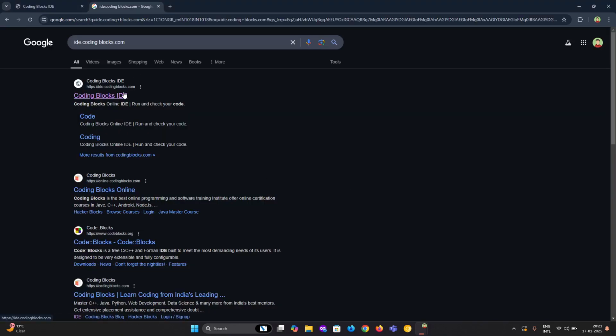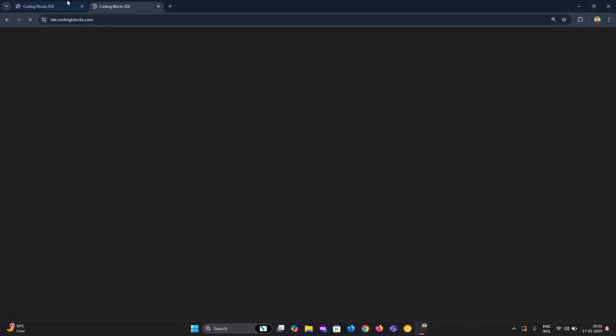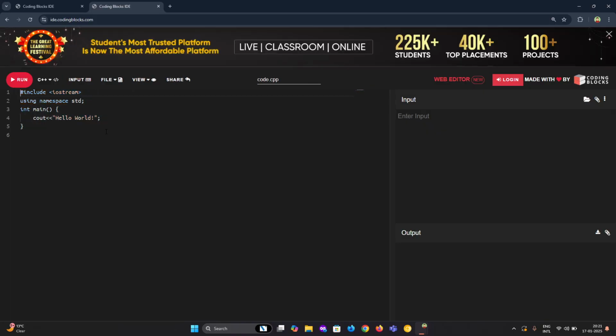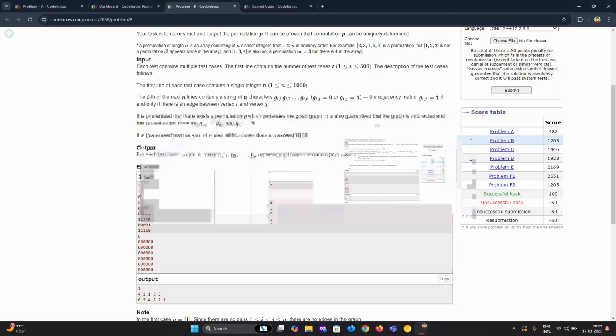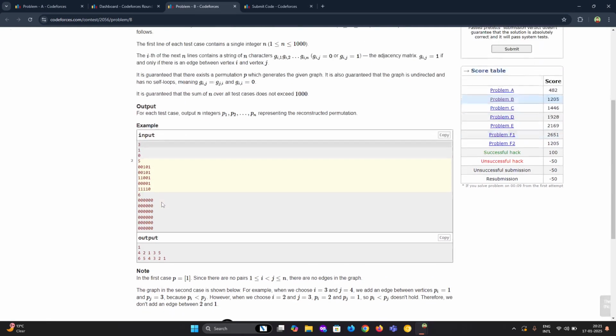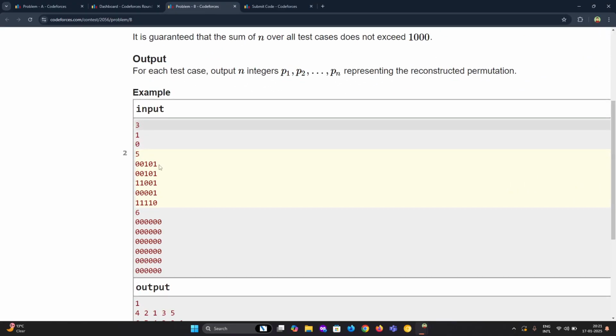So what I'm gonna do is copy this code, copy this input. Okay, so I'm gonna store the count of ones for each of these.